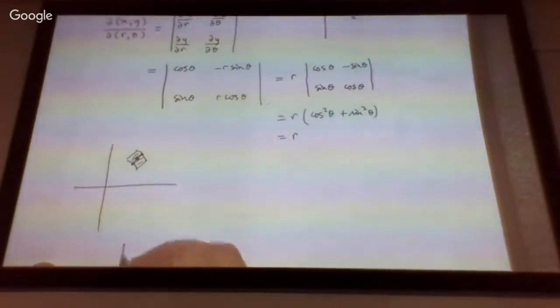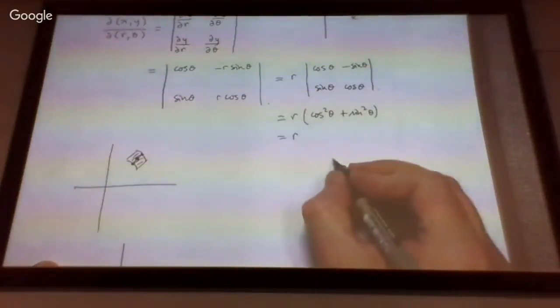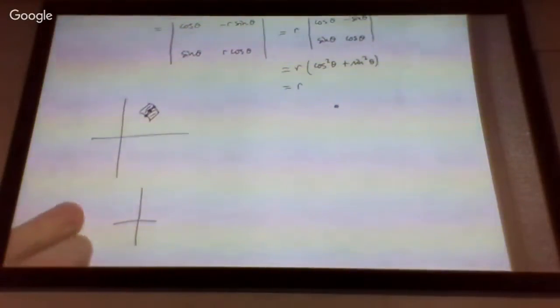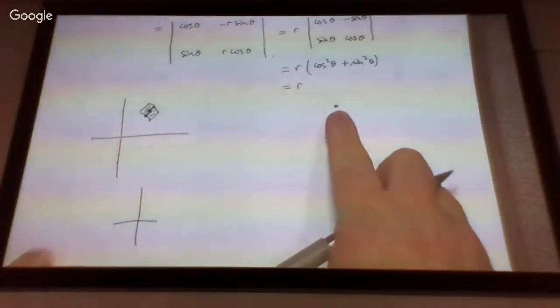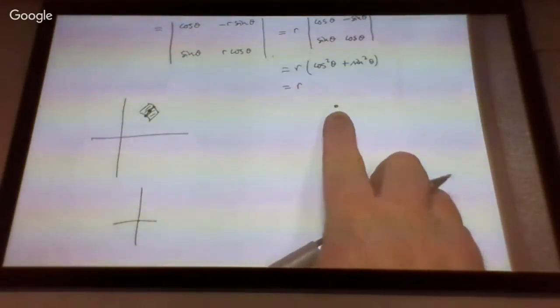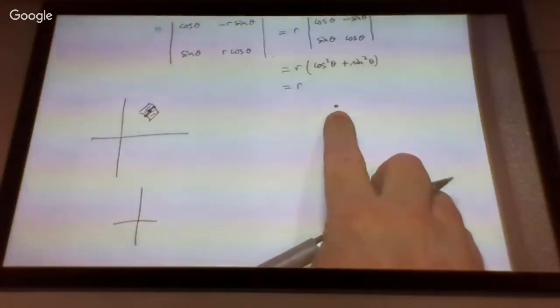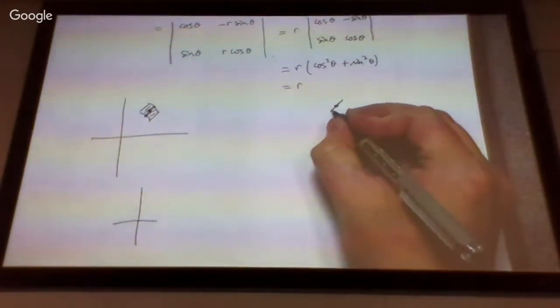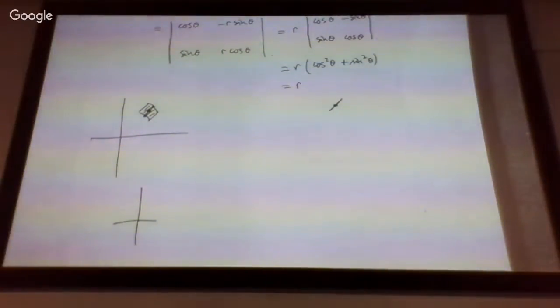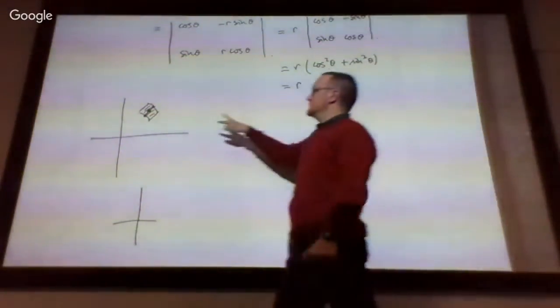However, if you are a long way from the origin, so this origin here is in relation to this point out here, if you vary the radius and the polar angle by the same amount, well, varying the radius by the same amount just still varies the radius by the same amount.